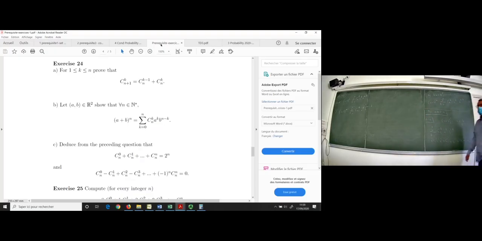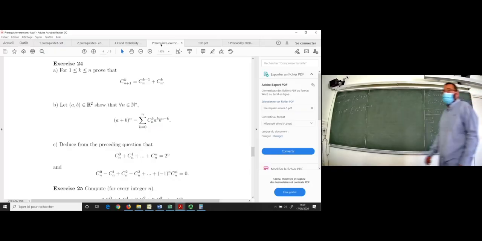So, you have this one that you want to compute, and this one that you know. When you do an induction, you have to make the link between what you want and what you know. What, in this particular case, is the link between what you want and what you know? In other words, what is the link between (a plus b) to the power n plus 1 and (a plus b) to the power n?